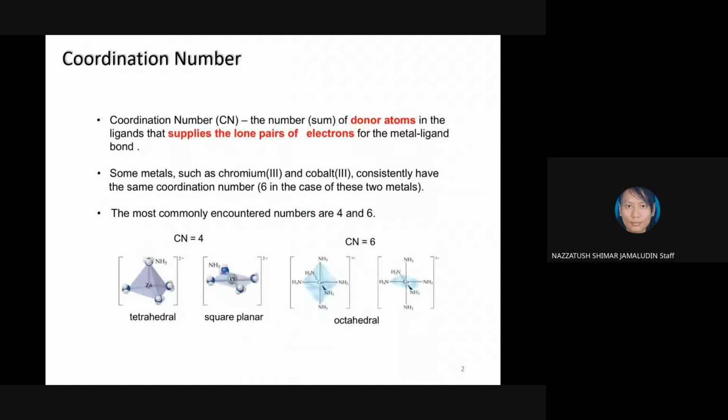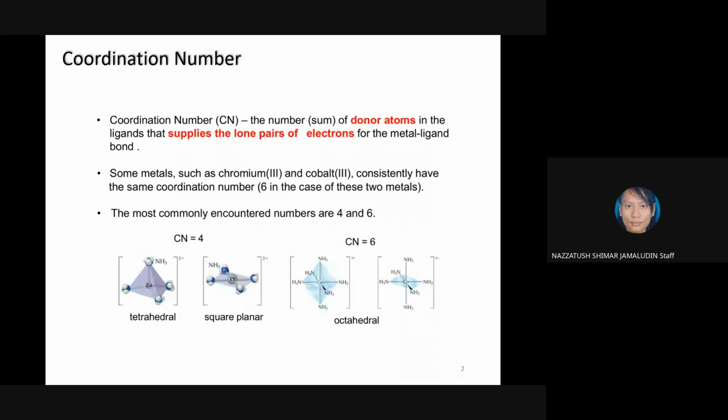So, coordination number. In sodium chloride, we don't have a coordination number because it's purely ionic, just sodium ion, chloride ion, that's it. There's no covalent bond, okay? So coordination number is actually the number of donor atoms. Donor atoms here means the ligand. The ligand, for example, acetylacetone, has two oxygens, right?